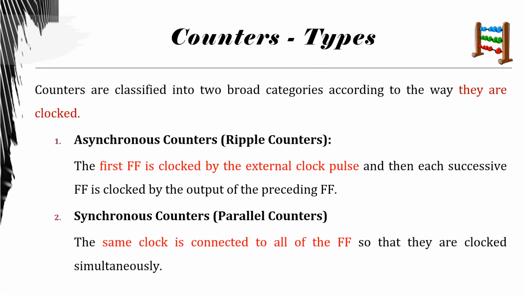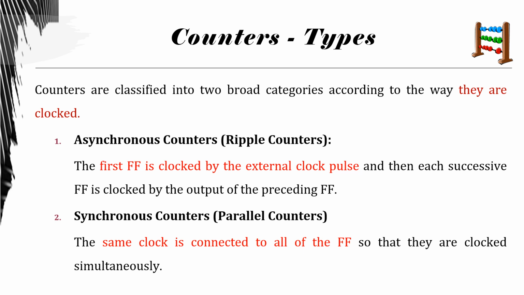Now let's discuss the various types of counters. The counters can be classified into two broad categories according to the way they are clocked. They are asynchronous counters and synchronous counters. In asynchronous counters, the first flip-flop is clocked by the external clock pulse, and then each successive flip-flop is clocked by the output of the preceding flip-flop.